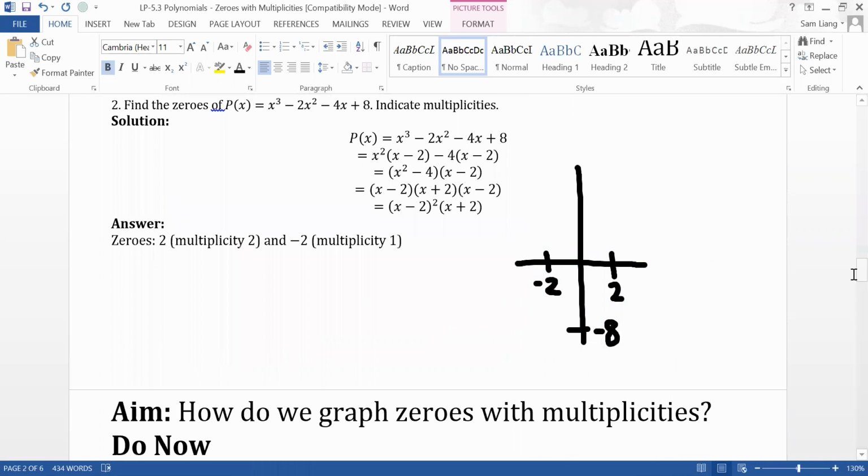Okay, so end behavior, it's going to be negative on the left, so it'll be like this. It's going to cross through at negative 2, multiplicity 1, and then it has to hit the y-intercept, positive 8. My bad, it's positive 8.